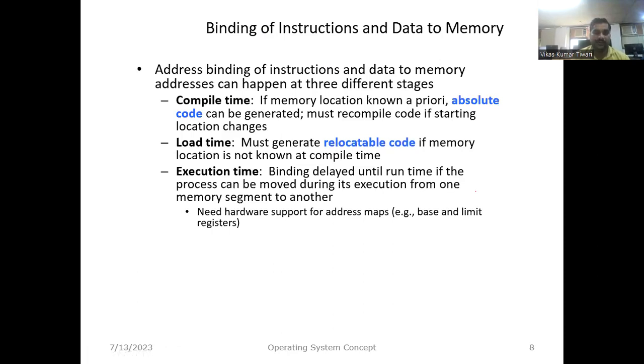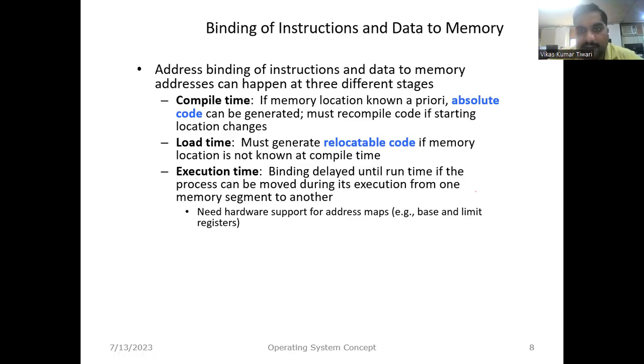Compile time means at the time when we are compiling the program, some address is generated. Load time, when the loader works, must generate relocatable code. Execution time, binding is delayed until runtime if the process can be moved during its execution.